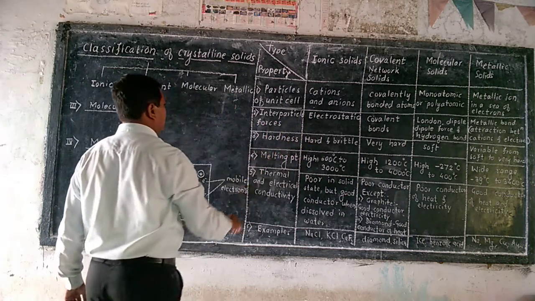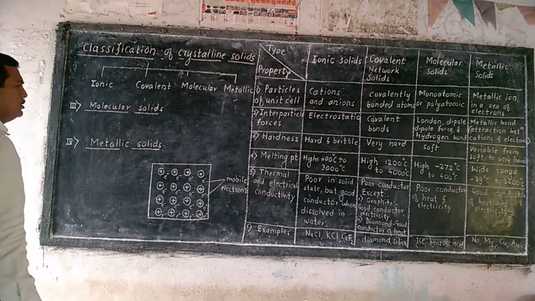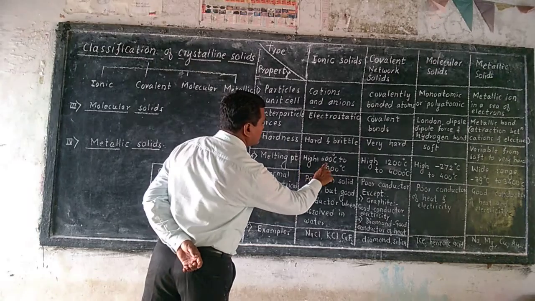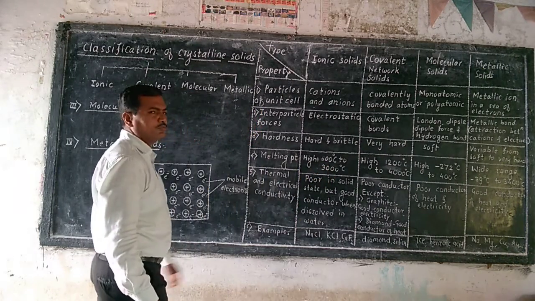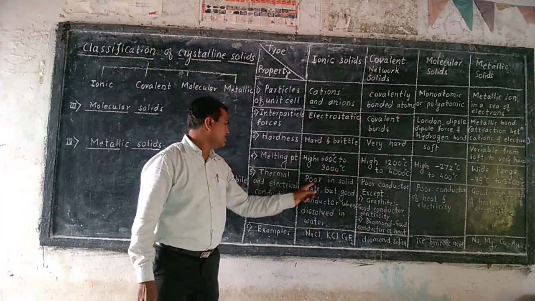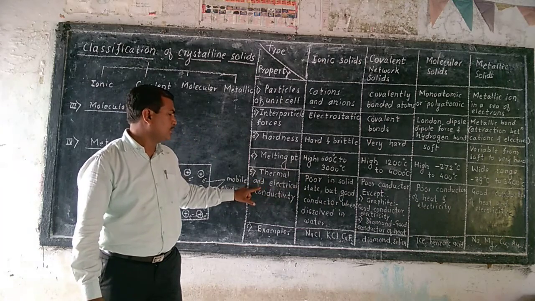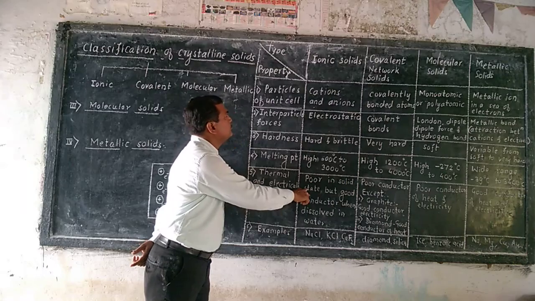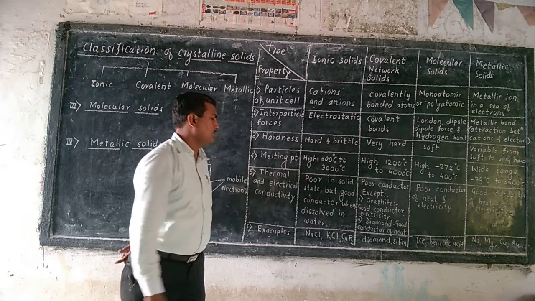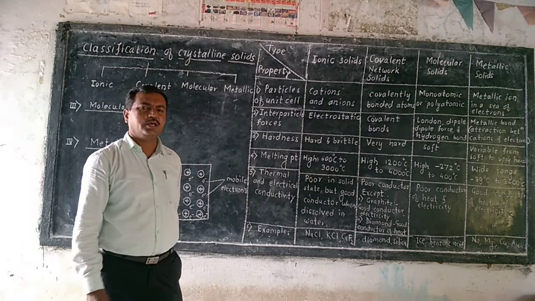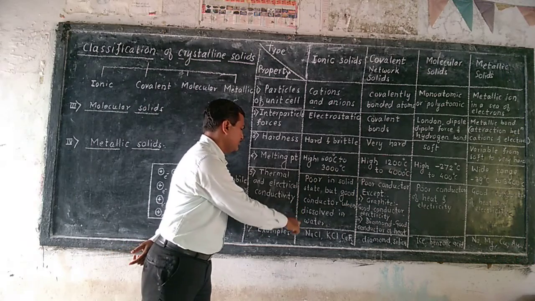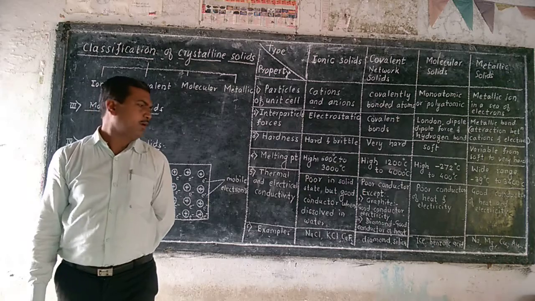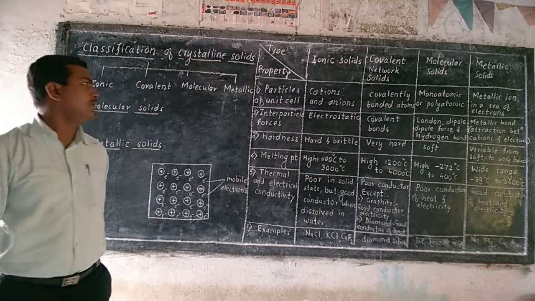Then hardness, they are hard and brittle. Melting point of ionic solids is high, from 600 to 3000 degrees Celsius. Then thermal and electrical conductivity, they are poor in solid state, but when dissolved in water, they are good conductors of electricity. And examples: sodium chloride, potassium chloride and calcium chloride.